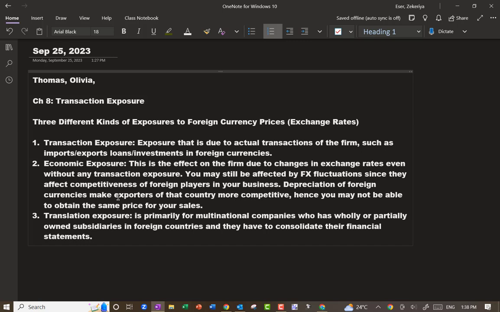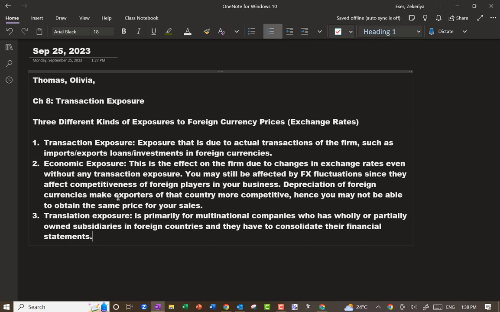If I'm Amazon, and I also have a subsidiary in Japan, Amazon Japan. When I'm reporting my results in the US, I have to consolidate. That means for my balance sheet, I'm going to take the balance sheet of Amazon US, I'm going to take the balance sheet of Amazon Japan and add them up.